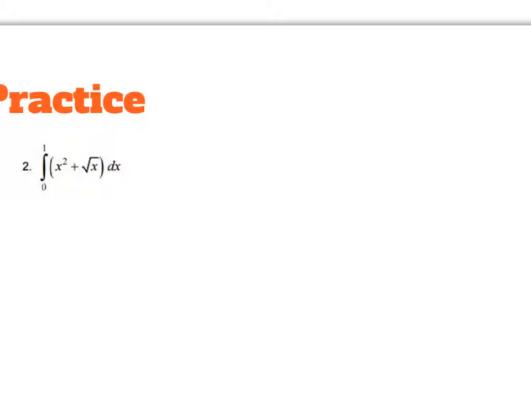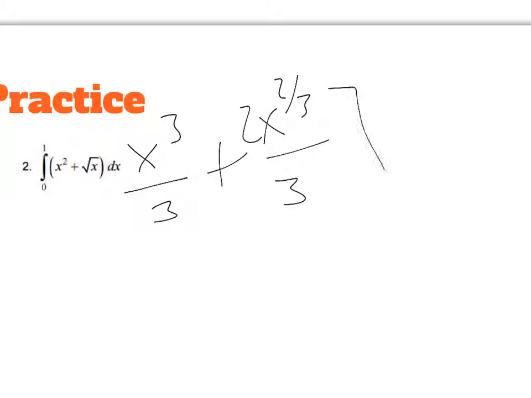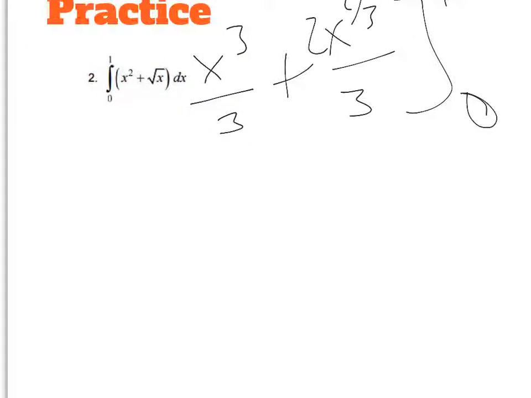Okay, so for this definite integral, you take the antiderivative, which is x to the third over 3 plus 2x to the 3 over 2 over 3, from 0 to 1. So you go down.